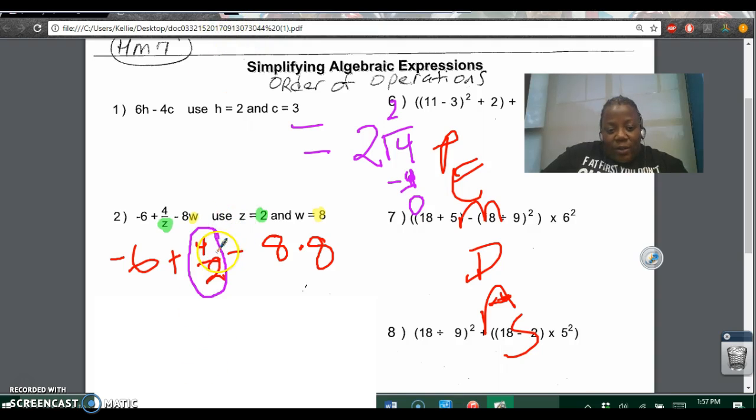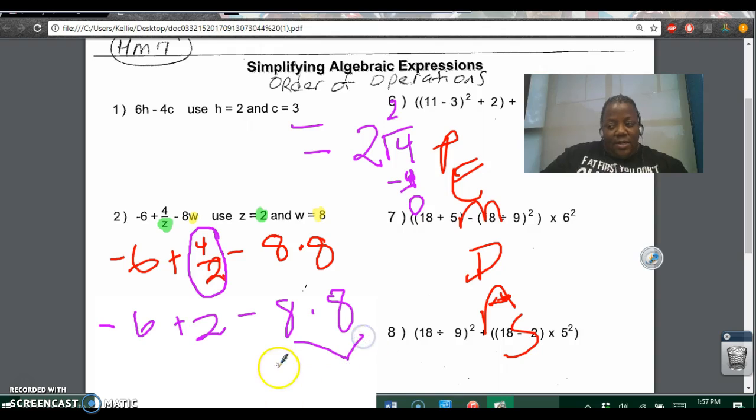So if I rewrite it knowing that this equals 2, I have -6 plus 2 minus 8 times 8. Are there any more multiplication or division parts? You have this. I still can't remember what 8 times 8 is. 8 times 8, 64. Bring everything else back down.